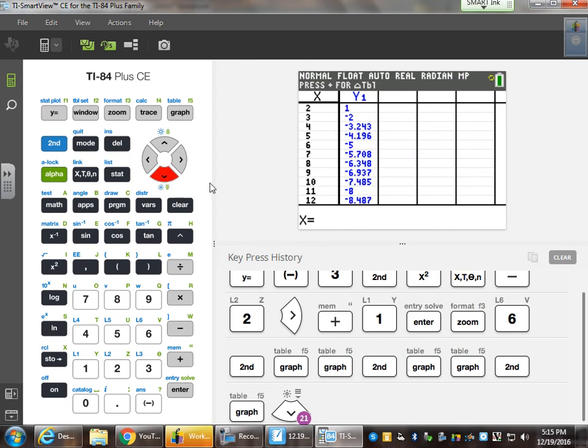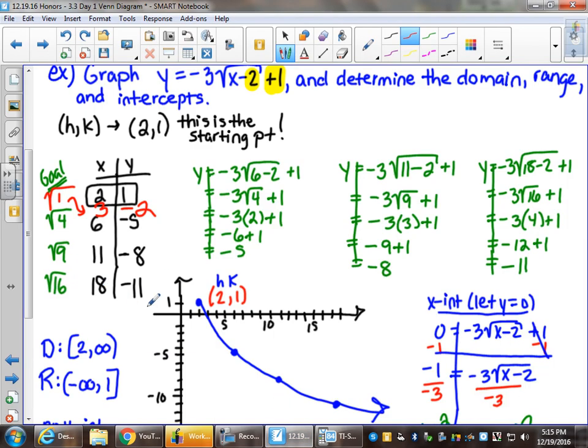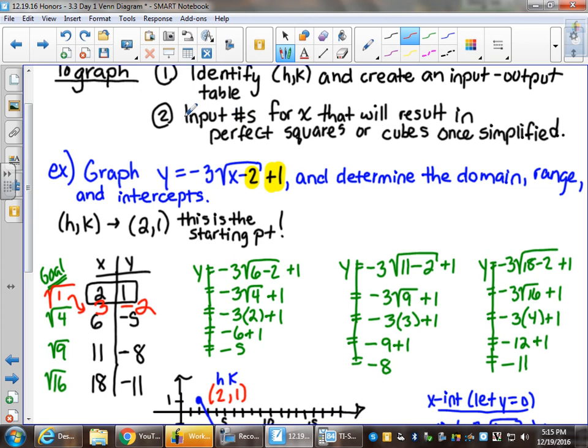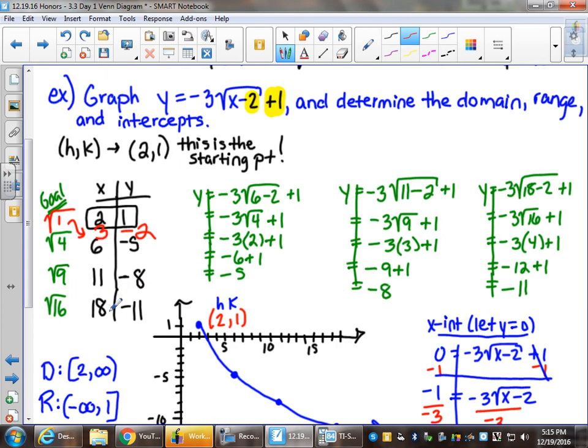Nope. Whole number, 11, -8. Let's see what the next one is. Decimal, decimal, decimal, decimal, decimal, decimal. Whole number, 18, -11. That was the next one in our table. So that's the power of this strategy of specifically choosing inputs, values for x that will get you that perfect square underneath the radical. And don't be like me and forget about the square root of 1.